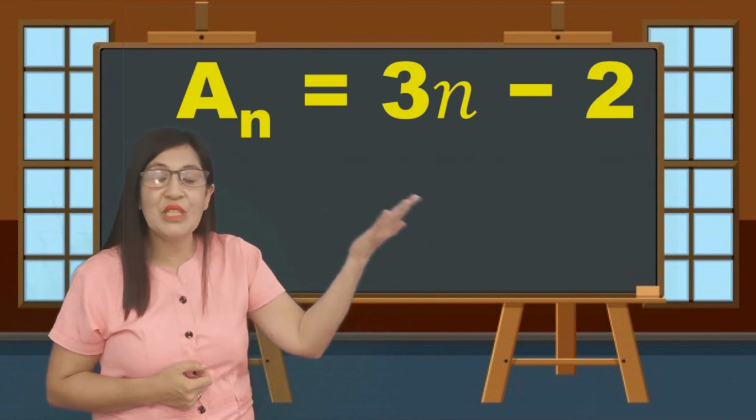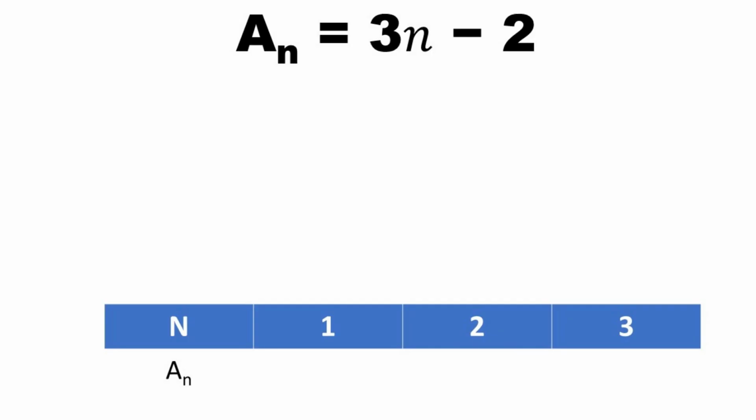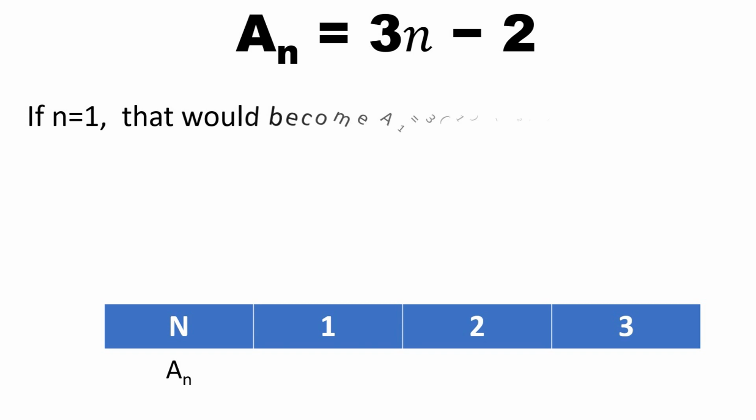Just simply substitute the value of n by 1, 2, and 3. First thing to do is to make a table of values, and a sub n equals 3n minus 2. If n equals 1, we will have 3 times 1 equals 3. That is, 3 minus 2 equals 1. So the first term is 1.